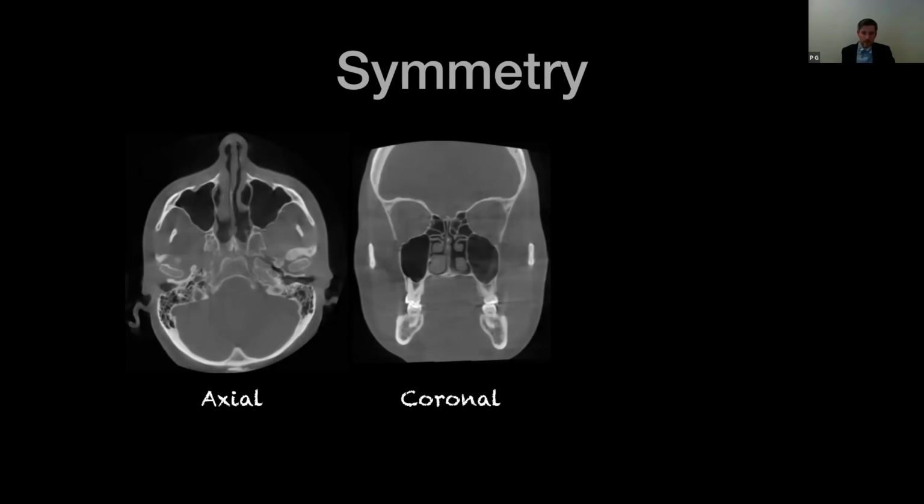And so this is a really, really efficient technique to go through your scans. It quickly lets you pick up any differences. And so you can tell if something looks asymmetric or off when you're reviewing the scan, and then you can go back and investigate. So again, comparing a patient's right and left sides, we can do that easily in the axial and the coronal view.